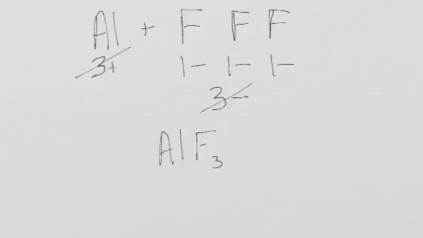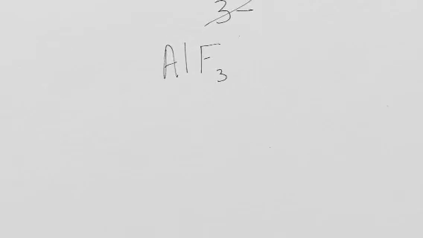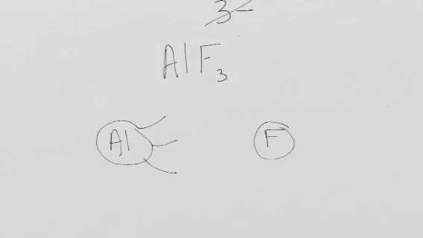And when we draw this out, when we talk about combining capacities, we almost say that an atom of aluminum has 3 actual little hooks coming out of it. That means it's got 3 extra electrons floating around. And fluorine only has 1 little hook.